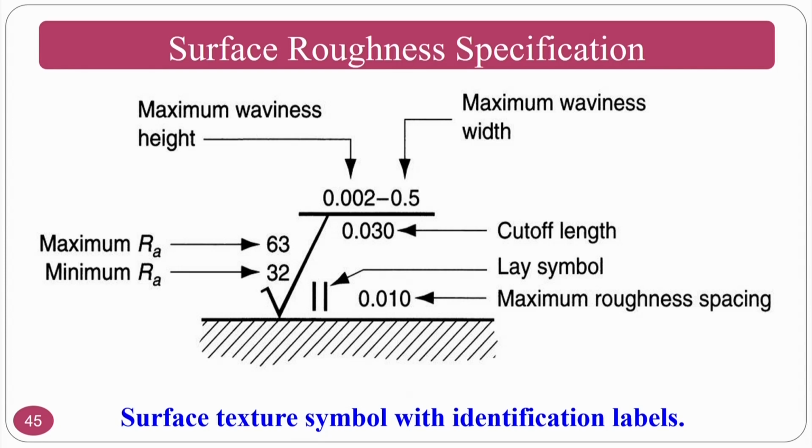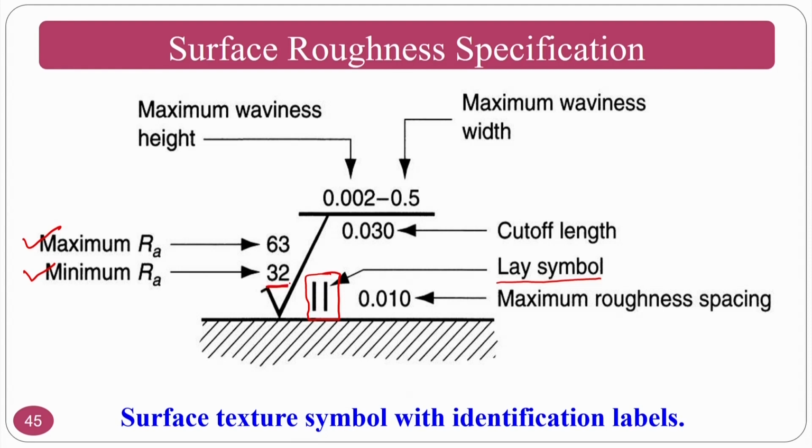And overall, what we can see here is the complete representation. You can see here A1, A2, which you already know, the maximum and minimum values of the roughness, and the lay pattern. What type of lay do I want? In this case I want a parallel surface, which you can achieve by any process, because there is no line here.